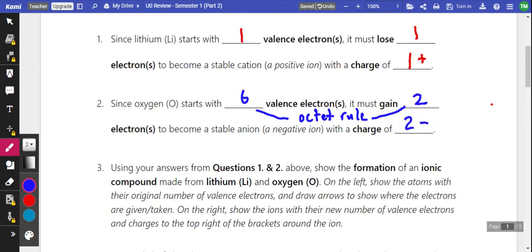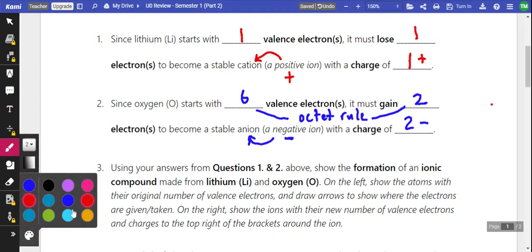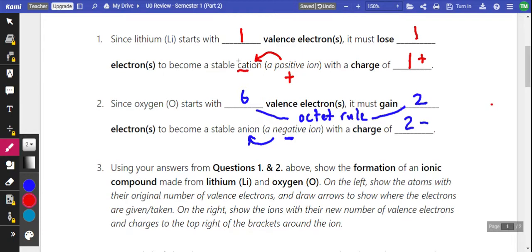Okay, now a note, we call ions specifically either a cation or an anion based on whether they are positive or negative. So when we're dealing with a positive ion, we're talking about a cation. Okay, and if we've got a negative ion, we're talking about an anion. Some ways that I remember these, if you think of a cation as like the word cat, like the animal, I'm going to give this little cat ears.